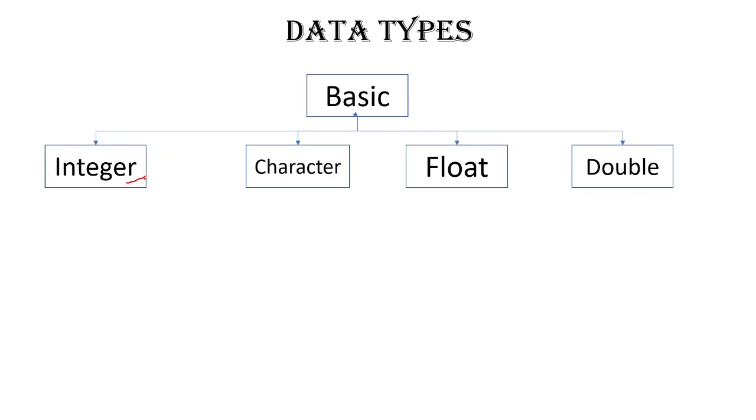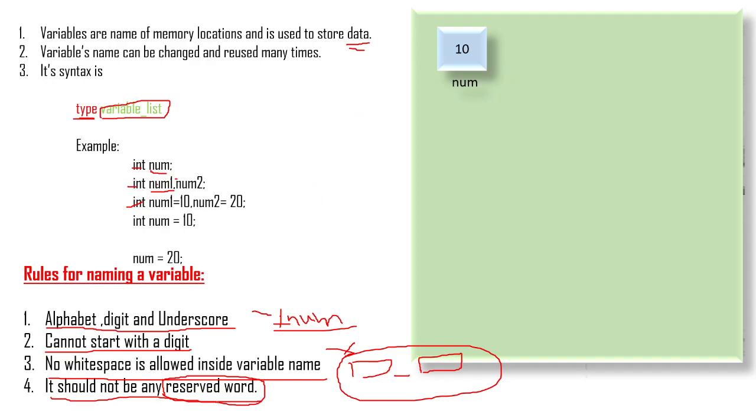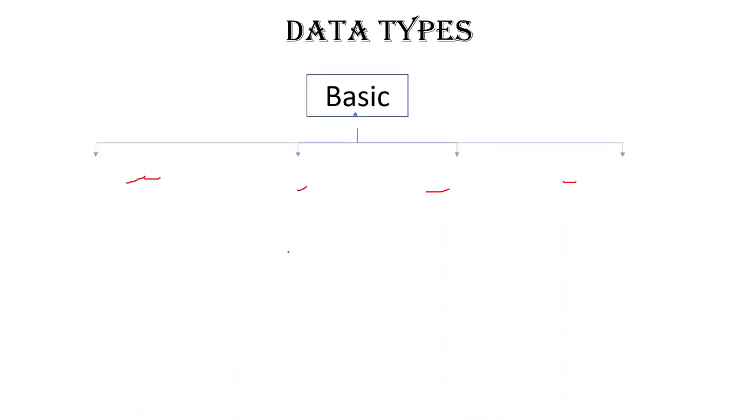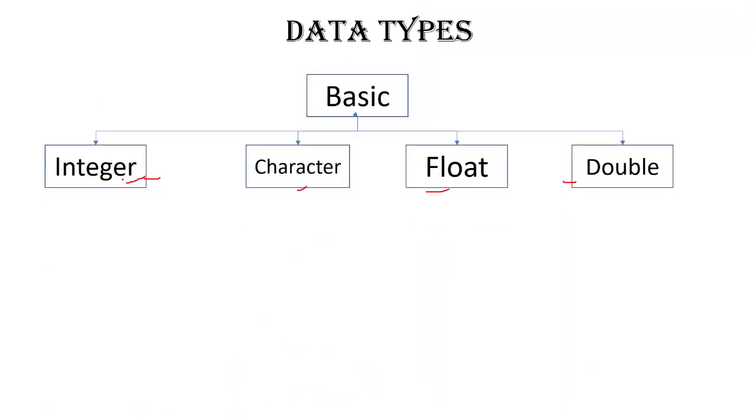To represent all these data types, there are some reserved words, just as we talked about in the previous slide. There are some reserved words used in the C programming language that, when used, tell what type of data that particular location of memory holds.